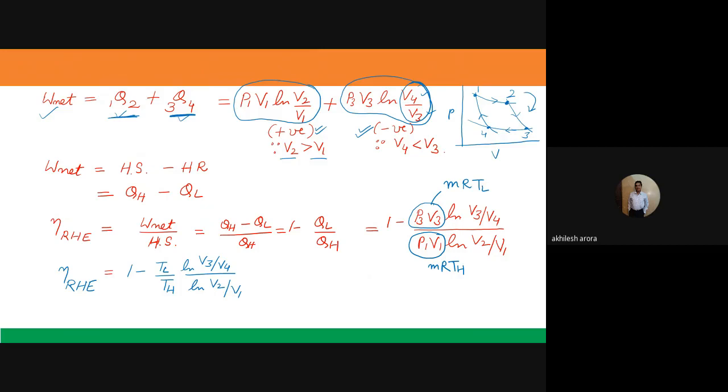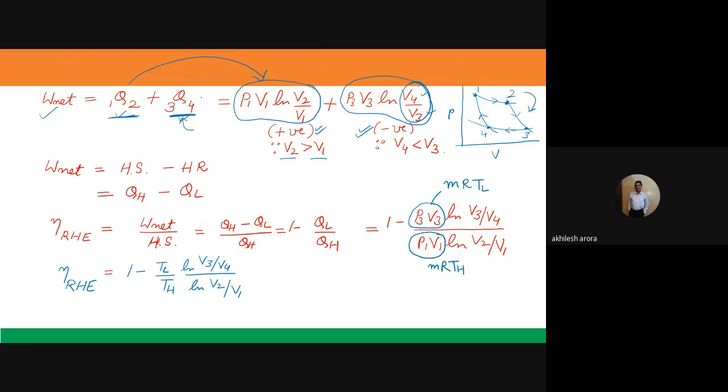But only their signs can tell us in which direction the heat transfer is taking place. Because the value of Q1 to 2 is coming out to be positive, it is heat which is being added into the system. So it's a sort of heat supplied to the system. Whereas if you see the sign of the Q3 to 4, it is the heat rejected because it is negative.